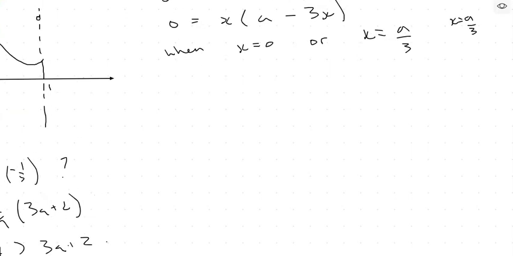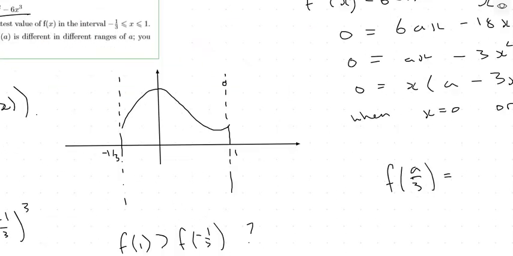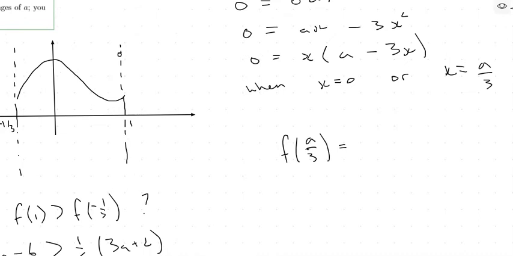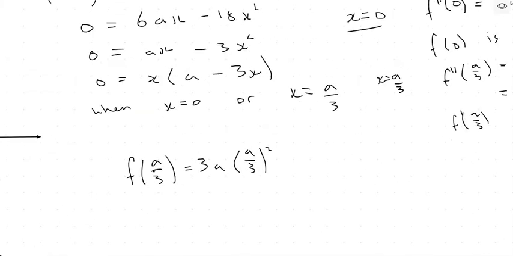So let's figure out what f of a over 3 is. It is equal to 3a times (a over 3) squared minus 6a over 3 cubed.